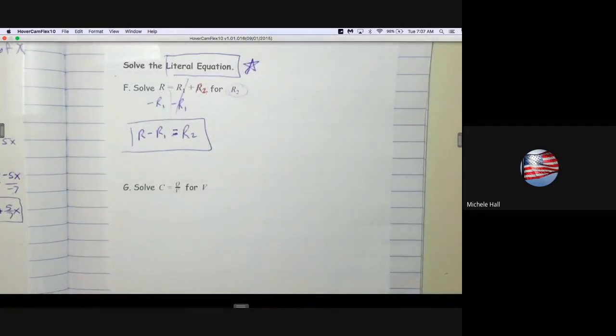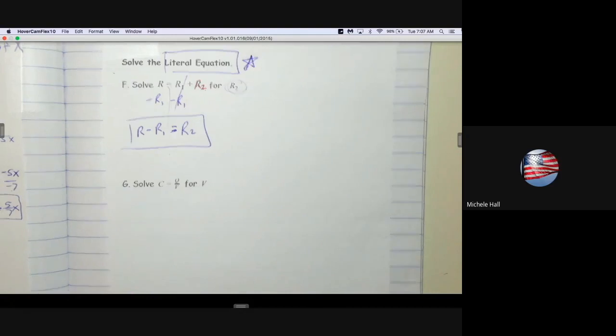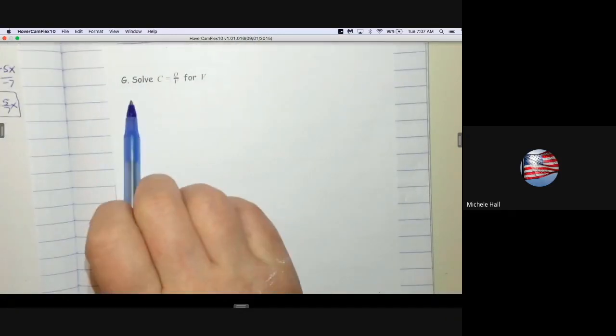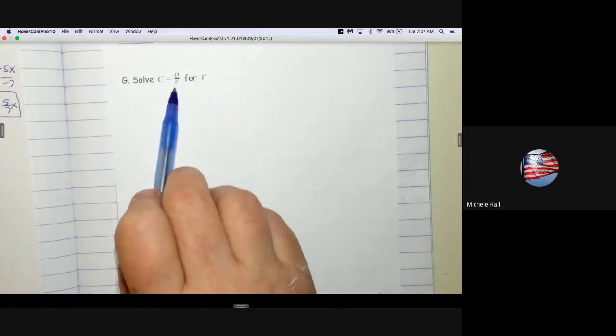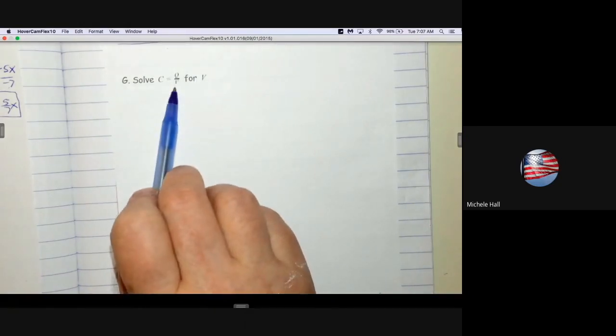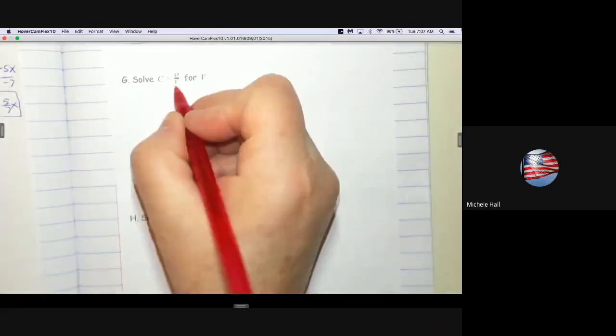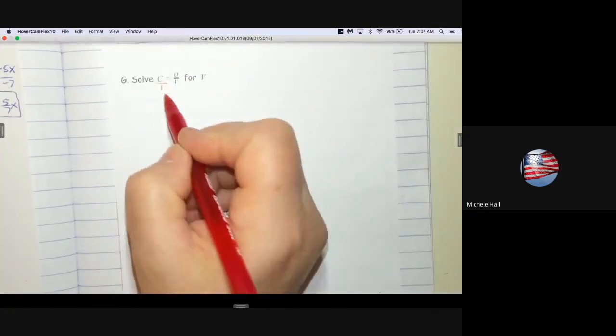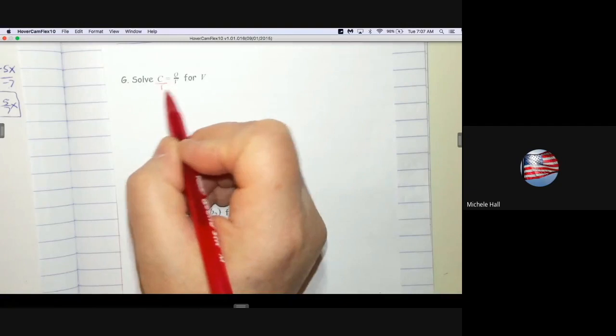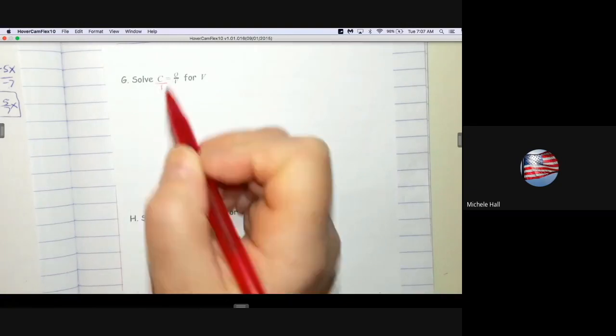You're just solving equations with lots of variables in them. You're solving for a specific variable. Here it says solve for V. Here's V. I need to solve for V. Well, I need to get V out of the denominator first. So I'm going to cross multiply, make C a fraction so that I have a proportion, a ratio that equals a ratio.